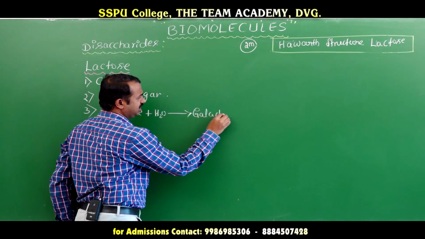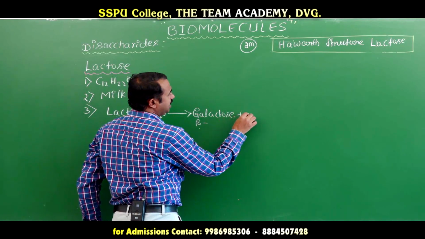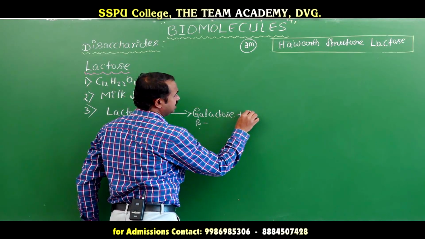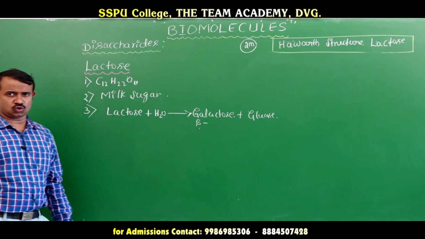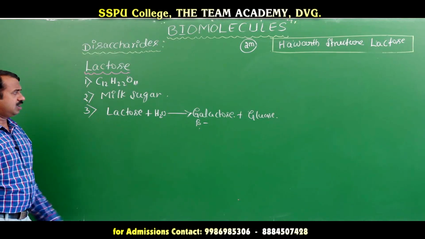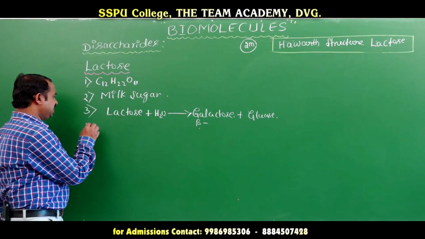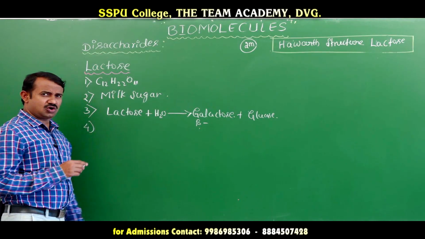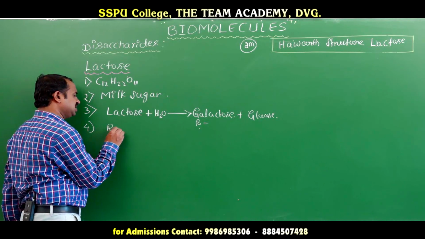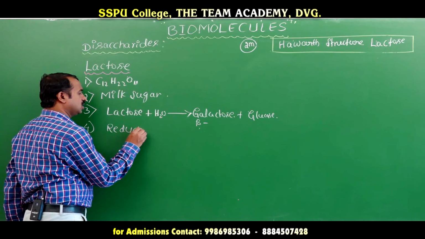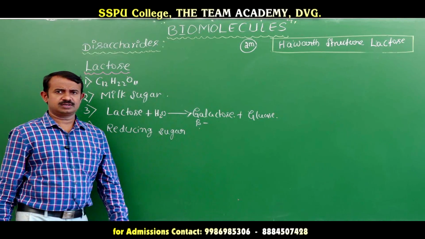The first one is beta galactose, and another one is beta glucose. So it undergoes hydrolysis to form galactose and glucose. It also undergoes reduction with Tollens' reagent and Fehling's solution. This is also called a reducing sugar.